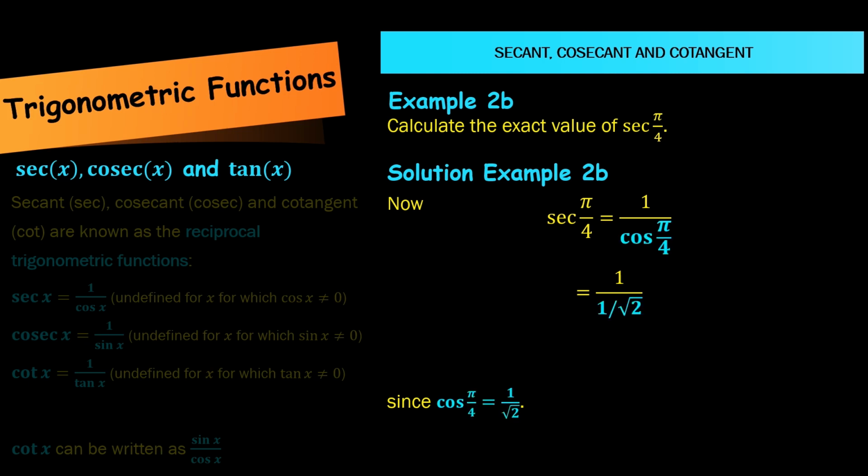Since cos pi by 4 equals 1 over root 2, we can plug that into the formula as well. And tidying up this expression gives us that this is equal to root 2. Therefore, sec pi by 4 equals root 2.